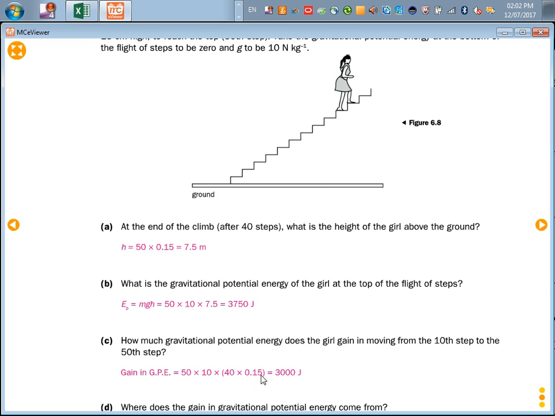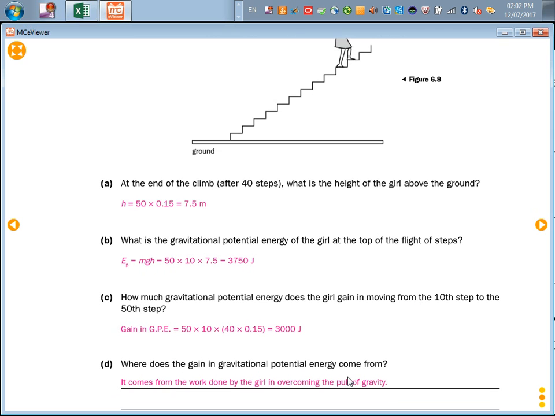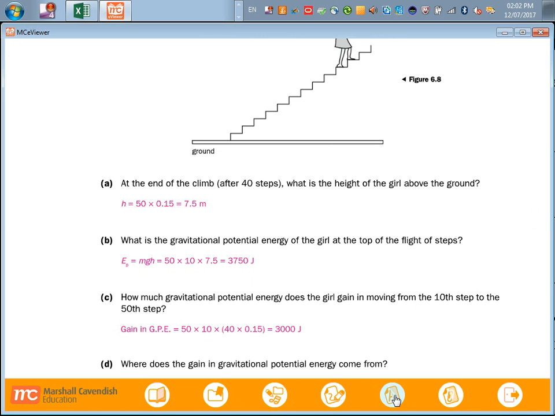So between your 10th to 50th step, she gained 3,000 joules. And this must have come from the girl doing work against gravity. She is bringing her weight upwards from the 10th step to the 50th step. So the direction of force is upwards. The direction of travel is also upwards.